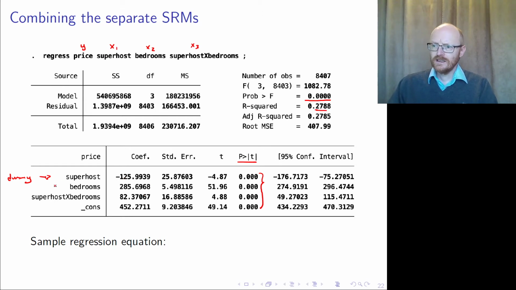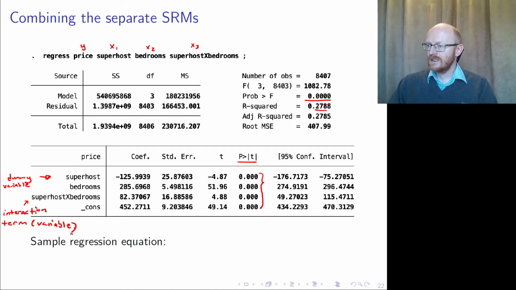And so we can actually do some hypothesis testing with them. And we have the dummy variable, and we have the interaction term, or interaction variable, you might say.